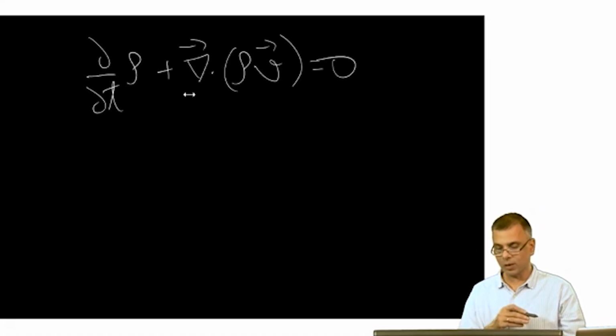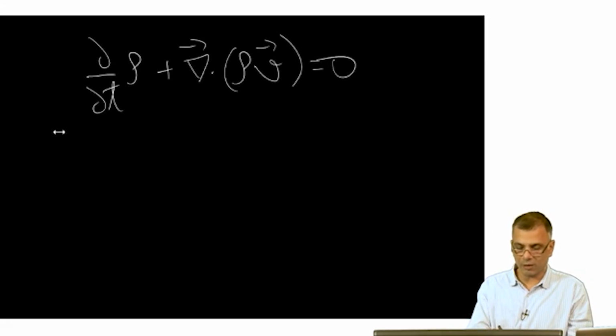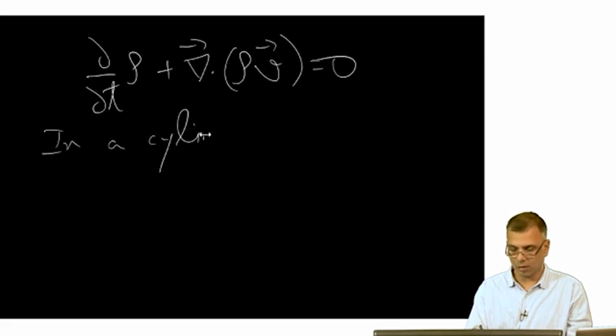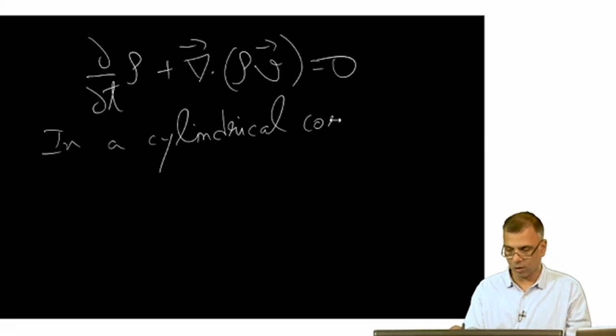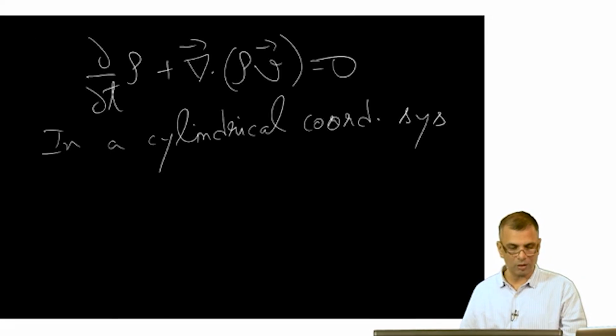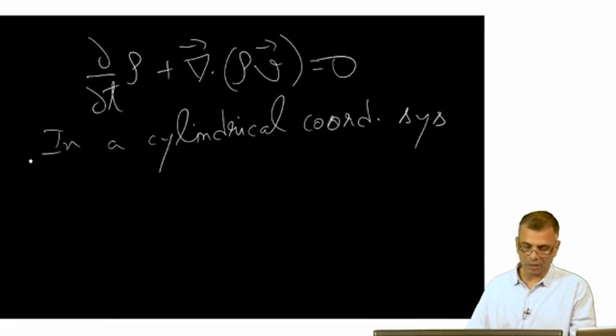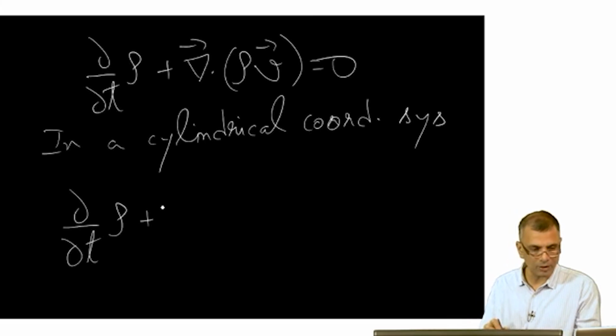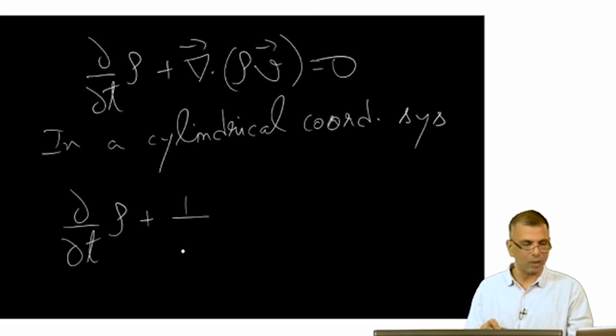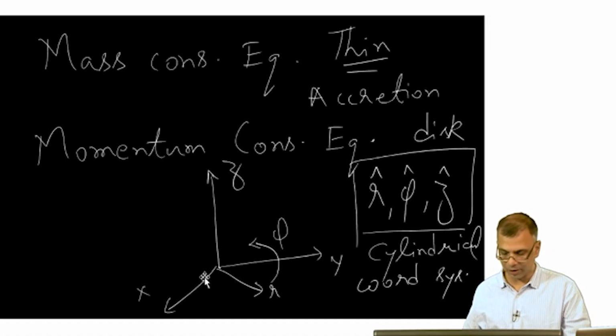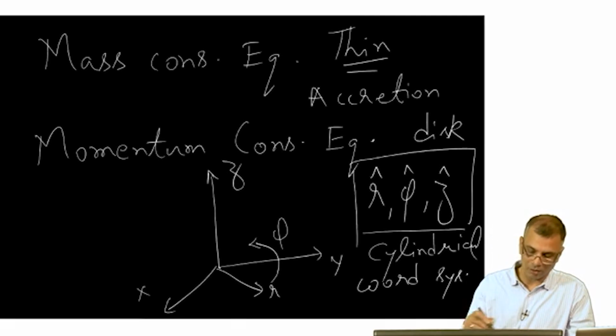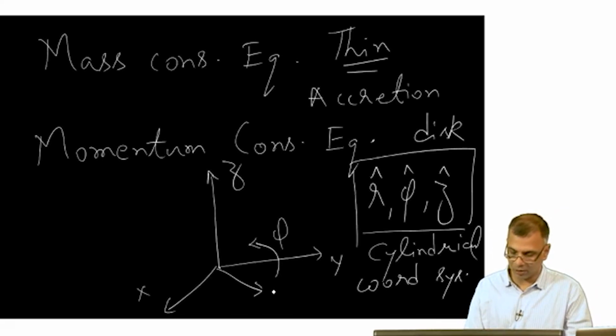For a cylindrical coordinate system, this essentially would look like d over dt plus 1 over R, and now I will be writing capital R, so maybe I should erase this and write a capital R here just to be consistent.